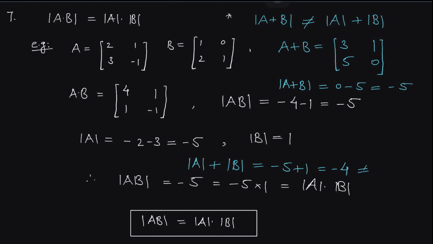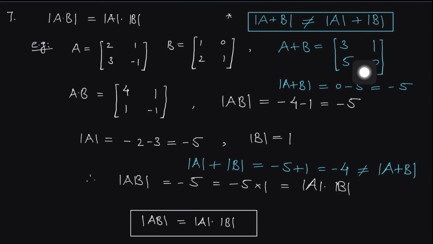So this is not equal to the determinant of A plus B, which is minus 5. So we can say that the determinant of A plus B is not equal to the determinant of A plus the determinant of B. So remember this result. But in the case of a product, it holds.